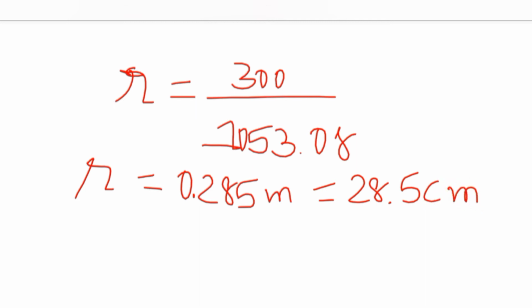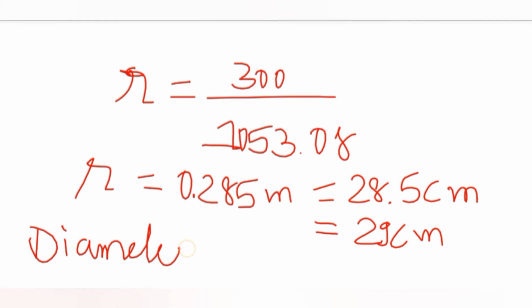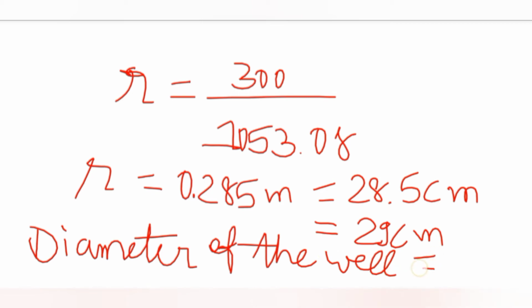So I am taking this equal to 29 centimeter, so that I get a round off value for the diameter of the well. And so the diameter of the well will be equal to 29 into 2, that is 58 centimeter.